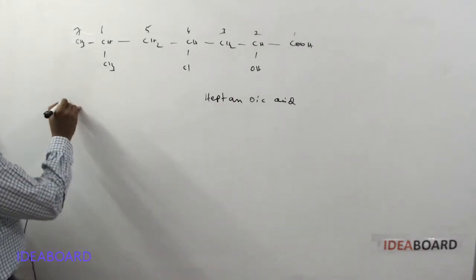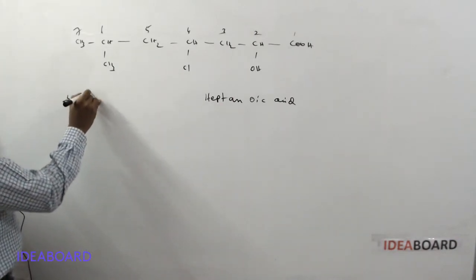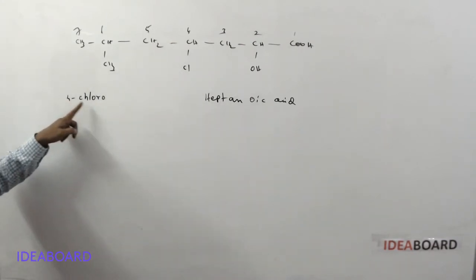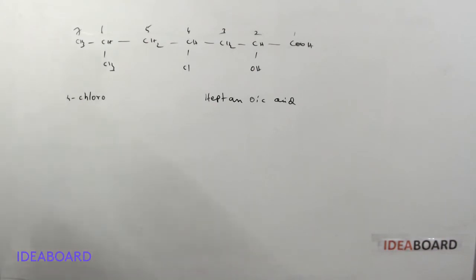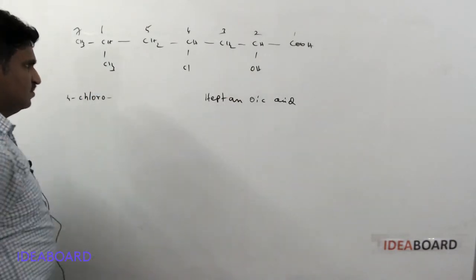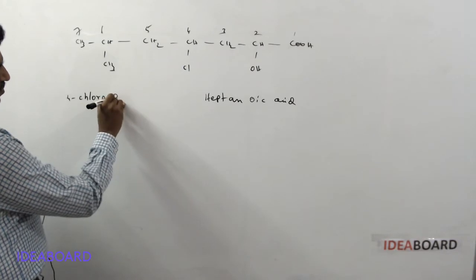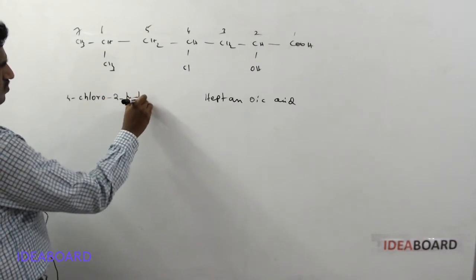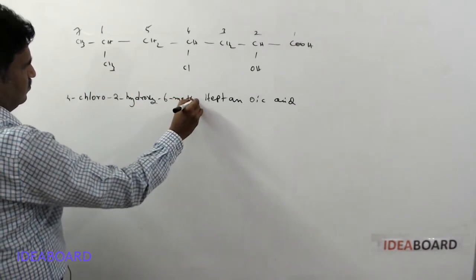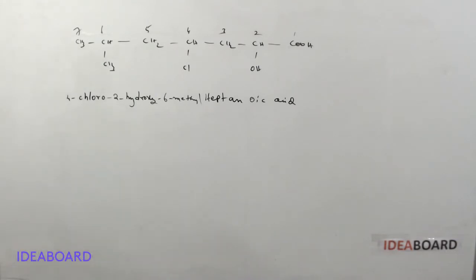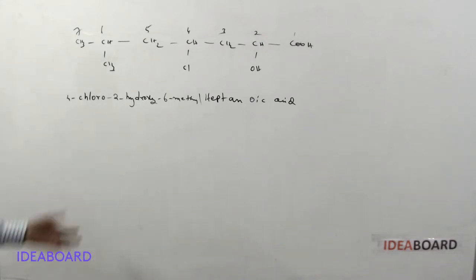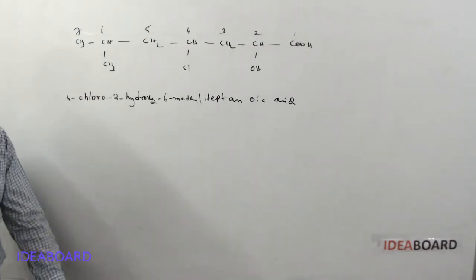Yes, chloro will come first. So 4-chloro. We write the position number, then a hyphen, and the alphabet and number are separated by a hyphen. Next, 2-hydroxy, and next 6-methyl. 6-methyl heptanoic acid. Okay, so this is about writing the IUPAC name with the functional group, substituents, and all the things.